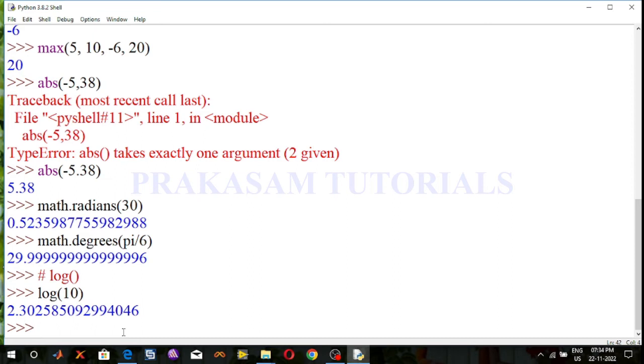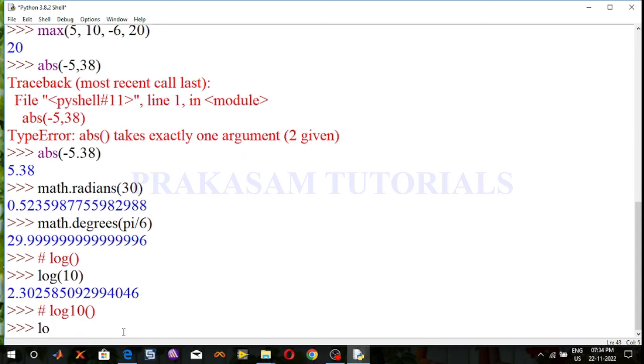Another logarithmic function is the log10 method, which is used to return the base 10 logarithm of the given number.